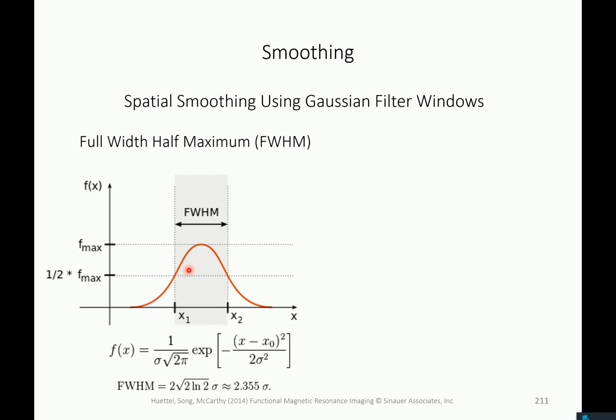So if you have a large standard deviation, you have a large full width at half maximum. Half maximum means that you are at the half between 0 and its maximum, and the question is what's the full width here. So that's the conversion formula between standard deviation and the full width at half maximum, and this is how things are quantified for Gaussian spatial filters.